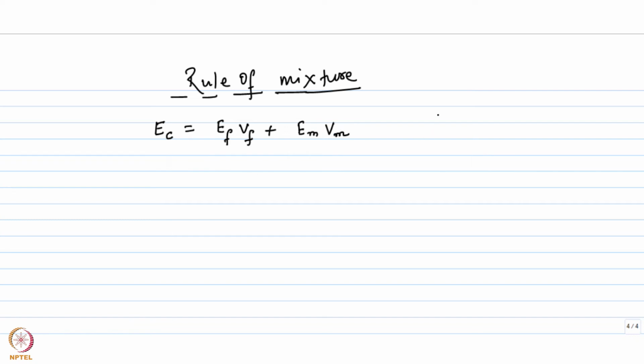F and M indicate fiber and matrix respectively. And Vf plus Vm is obviously equal to 1, right?